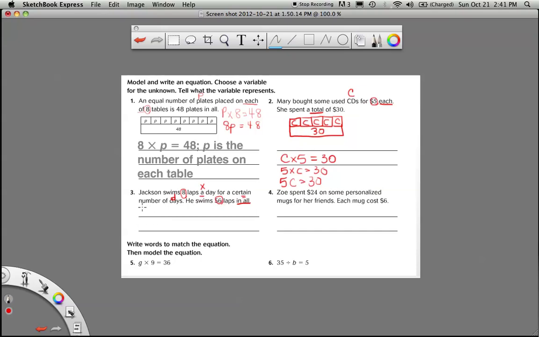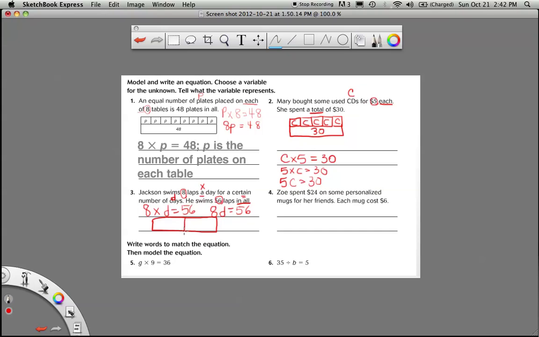We've got 8 times D equals 56. Or remember, I told you if you don't want that multiplication sign to be misconstrued as an X variable, you can just write 8D equals 56. Now I need to model. I need to draw a D 8 times.